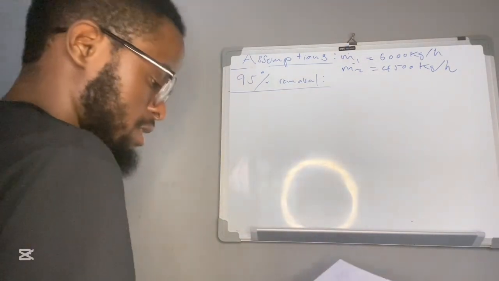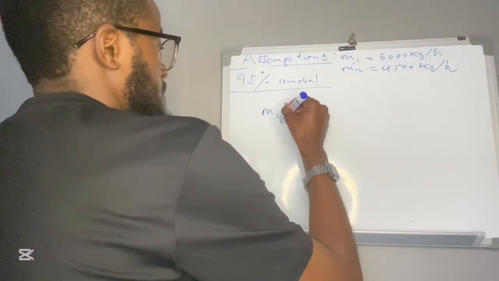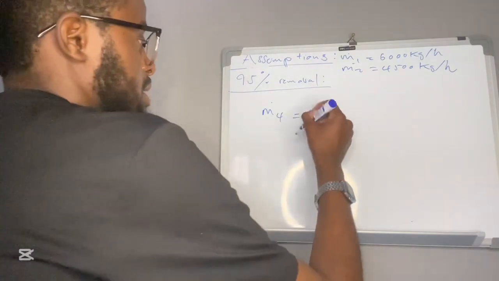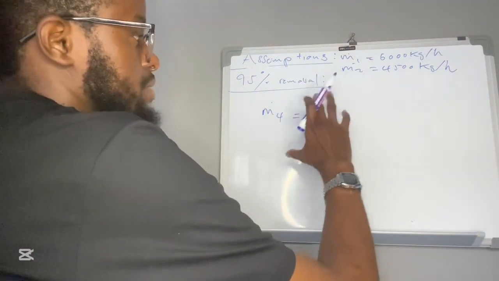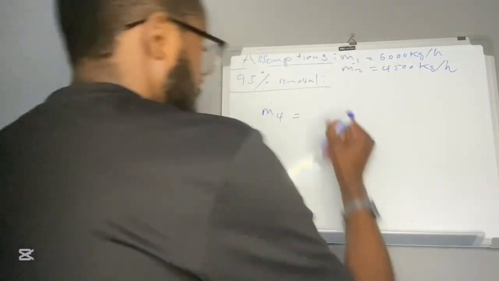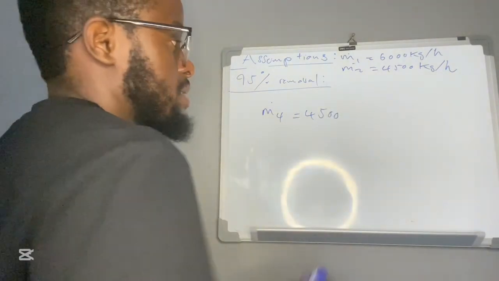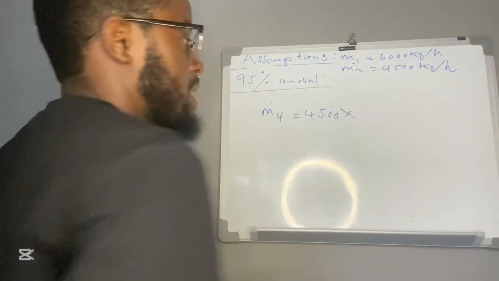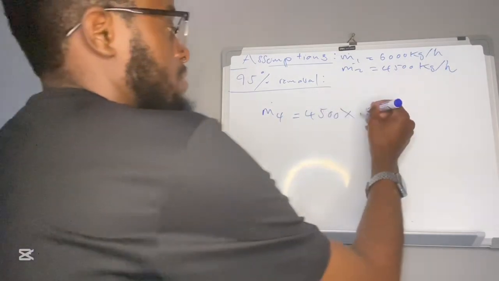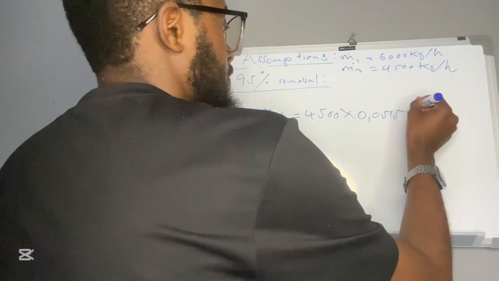So now, what do we know? We know that in order to find what exited the transfer unit, we need to take into account that what entered the transfer unit was 4,500 multiplied by the component balance for chromium, which was 0.0515.